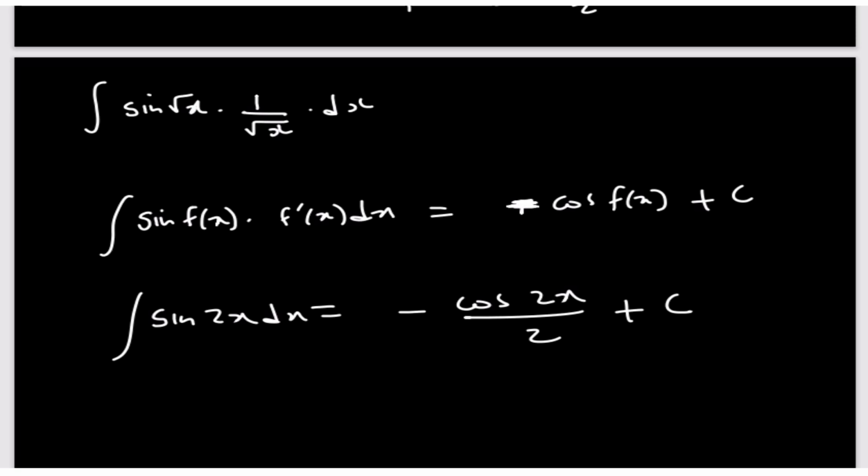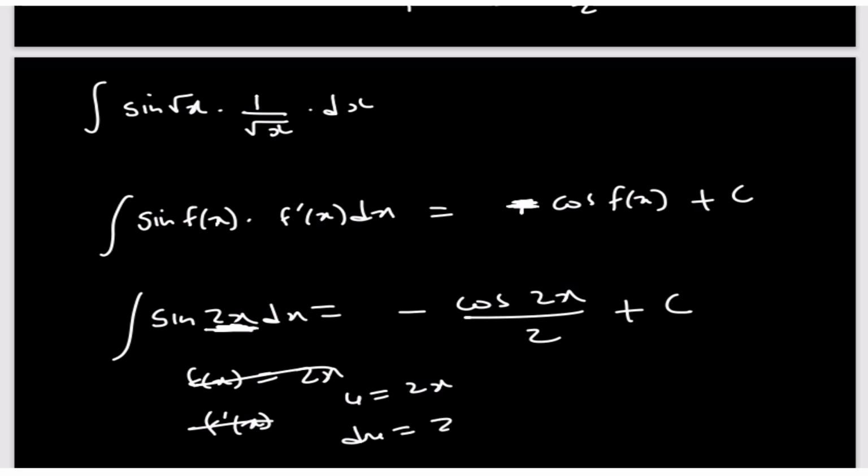So the reason we are dividing by 2 is because we first check the derivative. If this is u, the derivative of u is 2 dx. You see, but I have 1 dx, so I'm going to put 2 and put 1 over 2 outside.